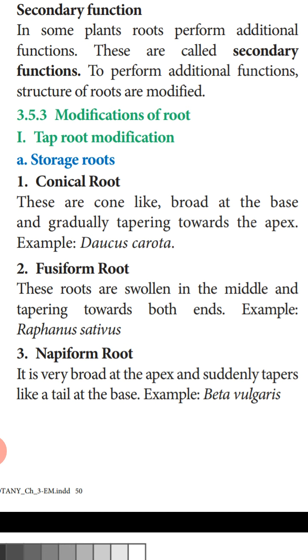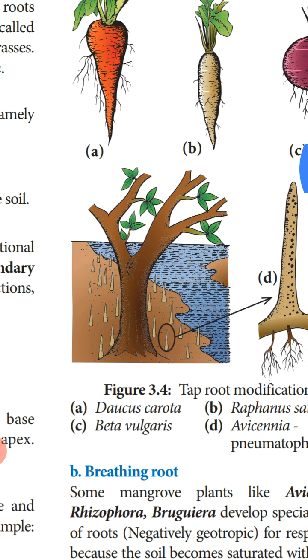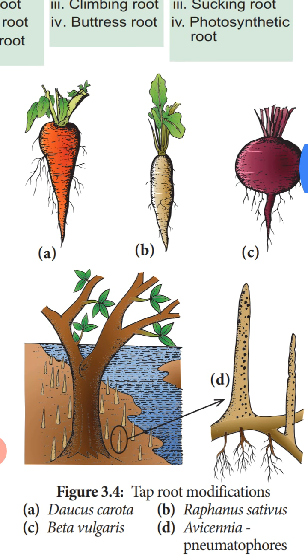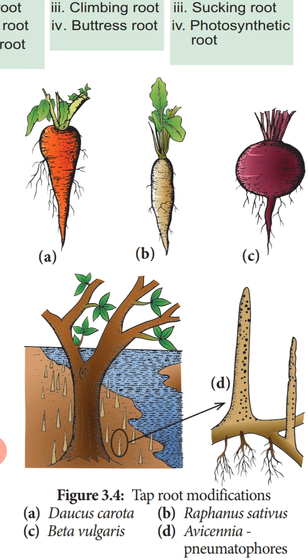Storage taproots are classified into three types: conical roots, fusiform roots, and napiform roots. Let's first understand with the diagram, then we'll read it. Here you can see in figure 3.4, the A diagram, the carrot. In carrot, the shape of the root becomes like a cone.